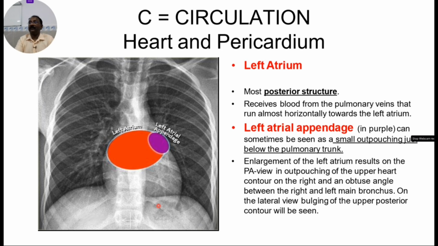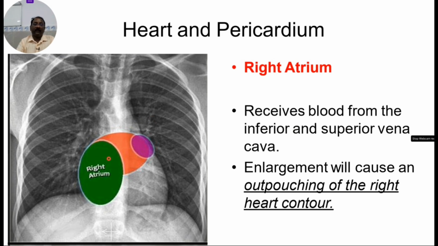See the heart. See the left atrium. Here this is the left atrium. See the left atrial appendage. In severe mitral stenosis, there will be left atrial enlargement, and the concavity of this left border will be lost and you will have a convexity of the left border. The right border of the heart is formed by the right atrium.